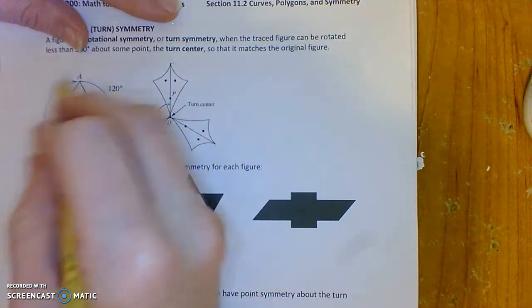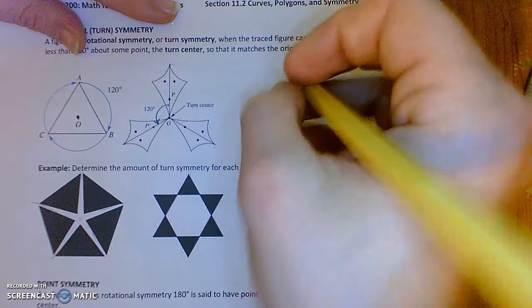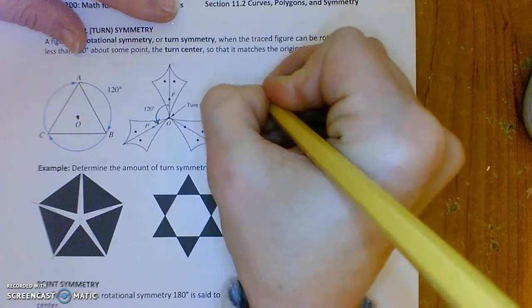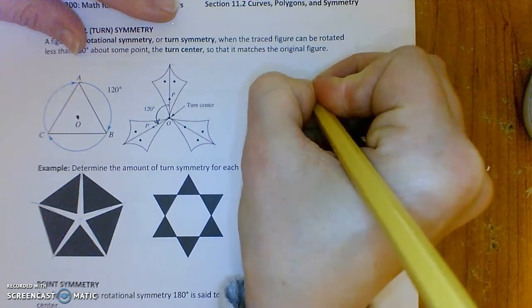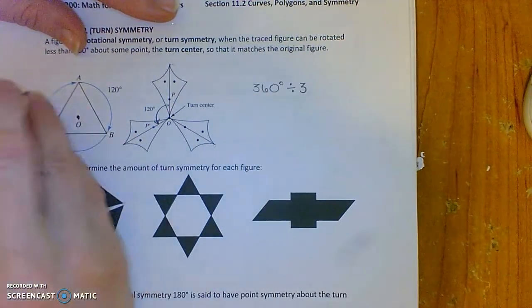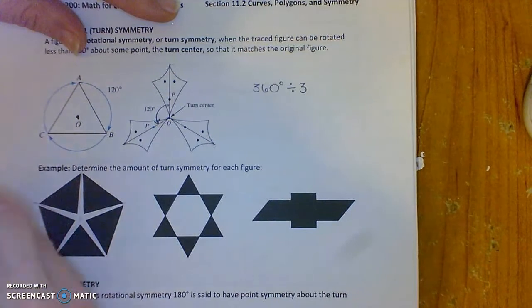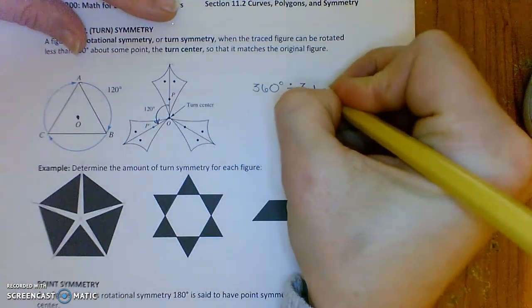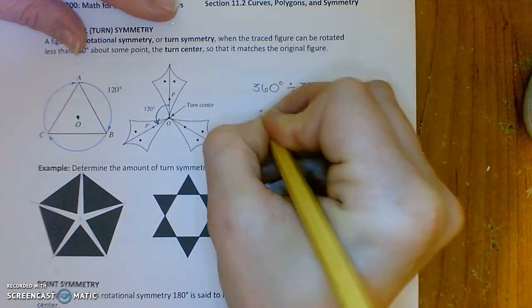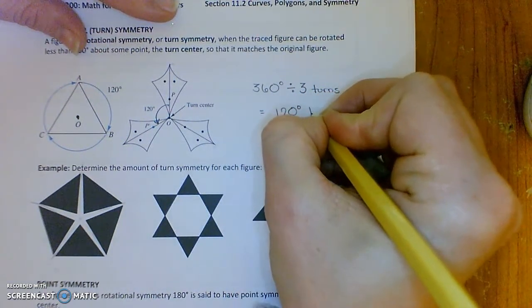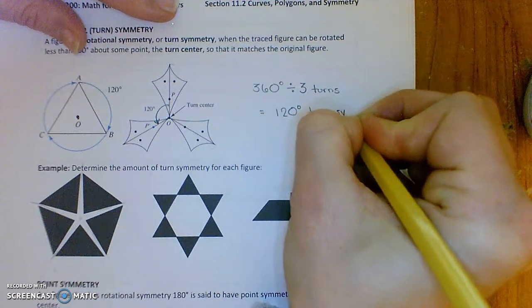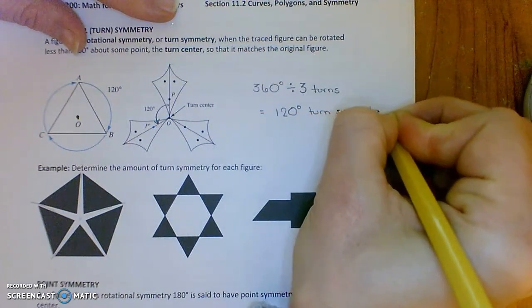So that was 3 turns it took me to get all the way around. So if I take 360 degrees and divide it by the 3 symmetric locations, the 3 turns that it takes, that gives me my 120-degree turn symmetry.